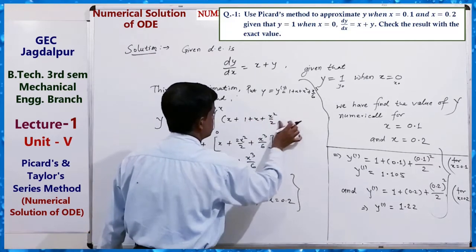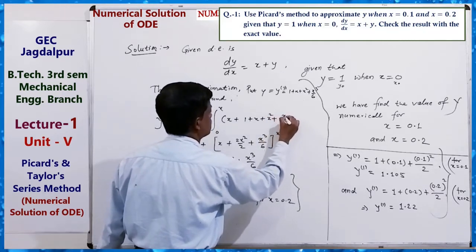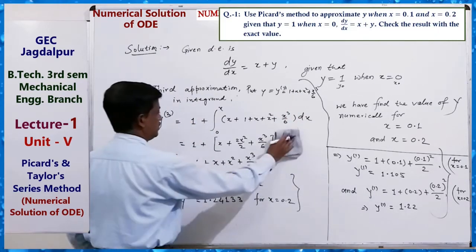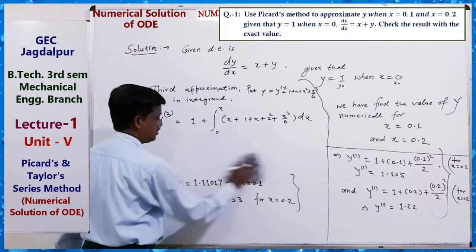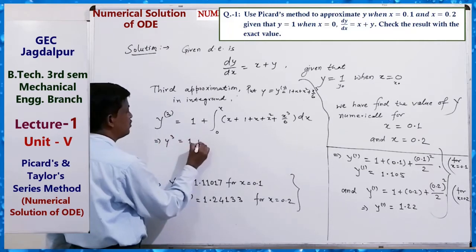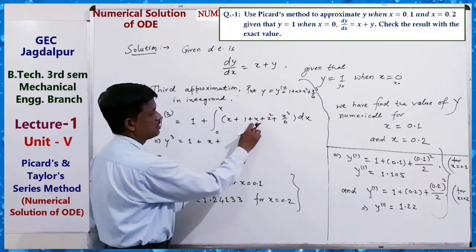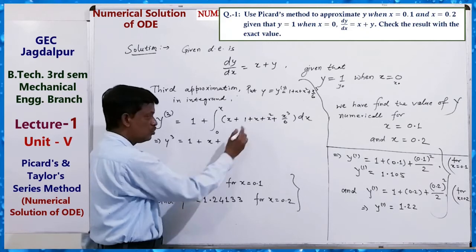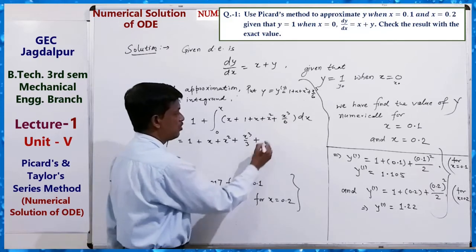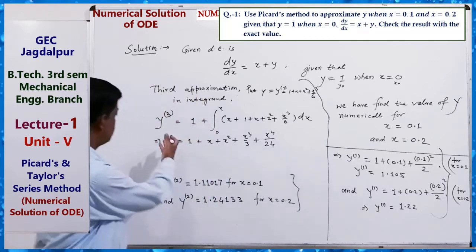Here just 1 plus x cube by 6 dx, and just do this integration, and you can get the value y cube equals 1 plus, just doing this integration, 1 means x, 2x means 2x square by 2, so x square plus x cube by 3 plus x to the power 4 by 24, and so on. So this is the third approximation.